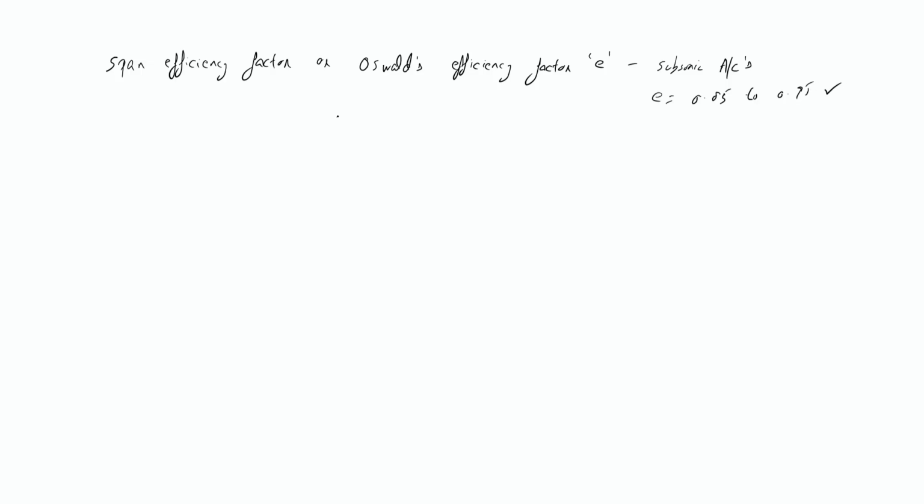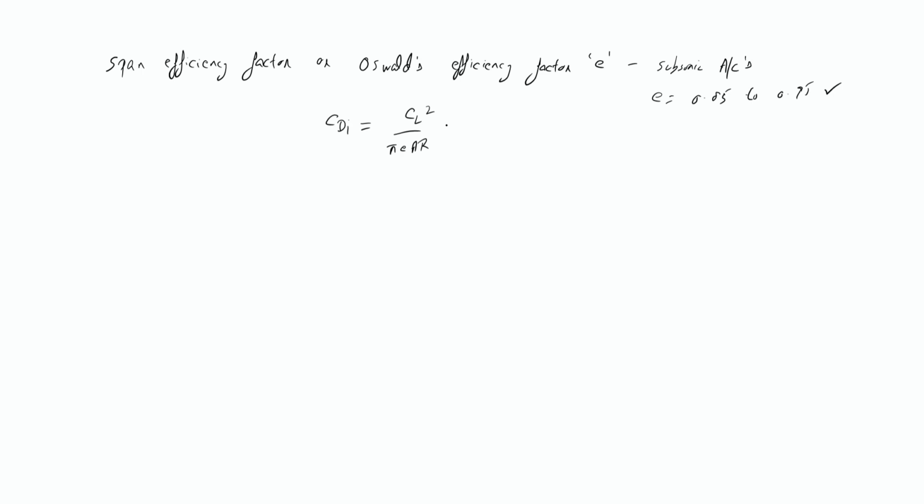So we write here CDI equals CL square by pi e AR. So that means if this number is less than 1, then CDI will obviously be increased. Alright, CL square by pi e AR.